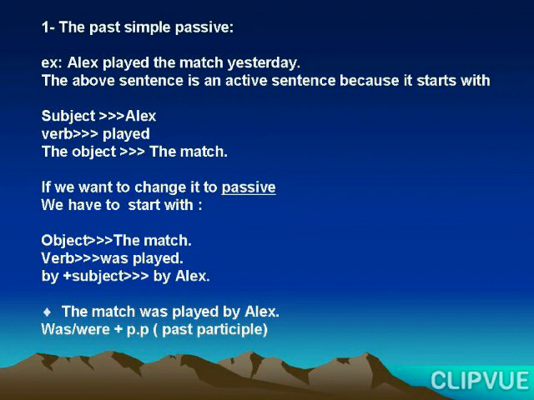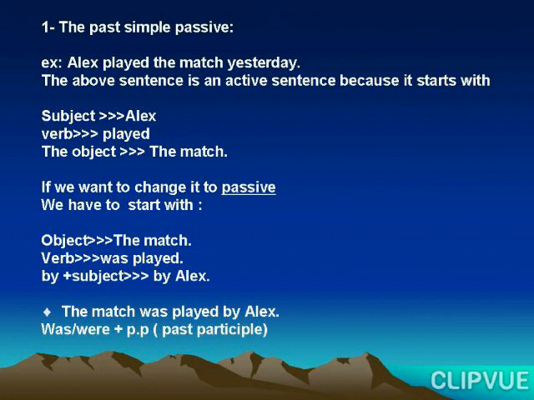So was or were plus PP, this is our form for the past simple passive. We have to use the verb to be in the past, was or were, plus PP, the past participle of the main verb. Was played. And if we have a plural noun, we have to write were played.